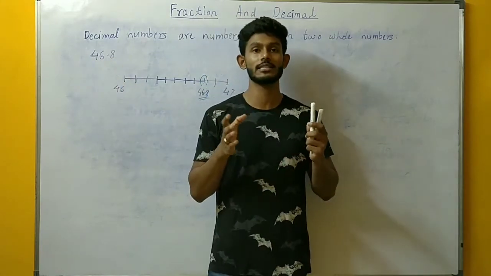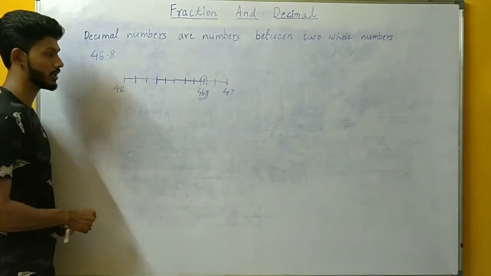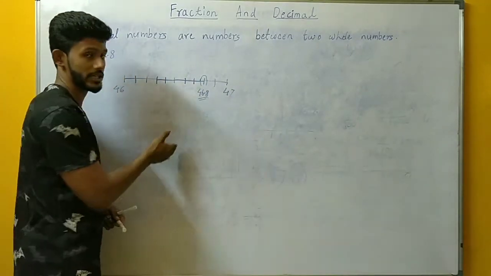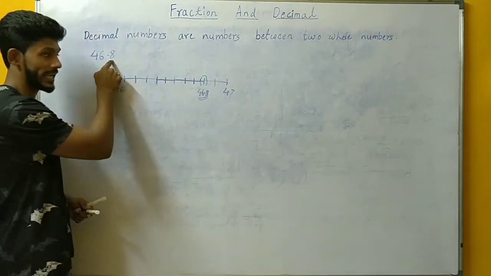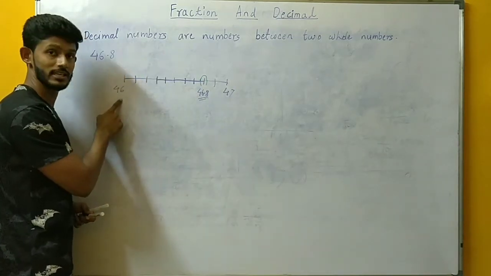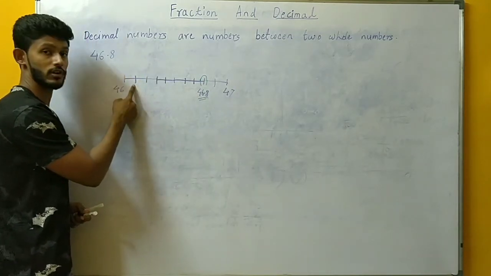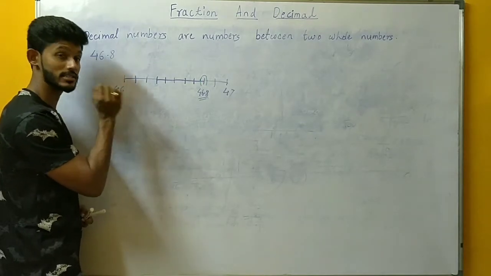Let's try to visualize it with the help of a number line. As you can see here, I have drawn a number line and I have made 10 equal partitions between 46 and 47. And 46.8, this point 8, is the 8th partition of this 46. As you can see here, this is the first point. This 46 is basically 46.0.